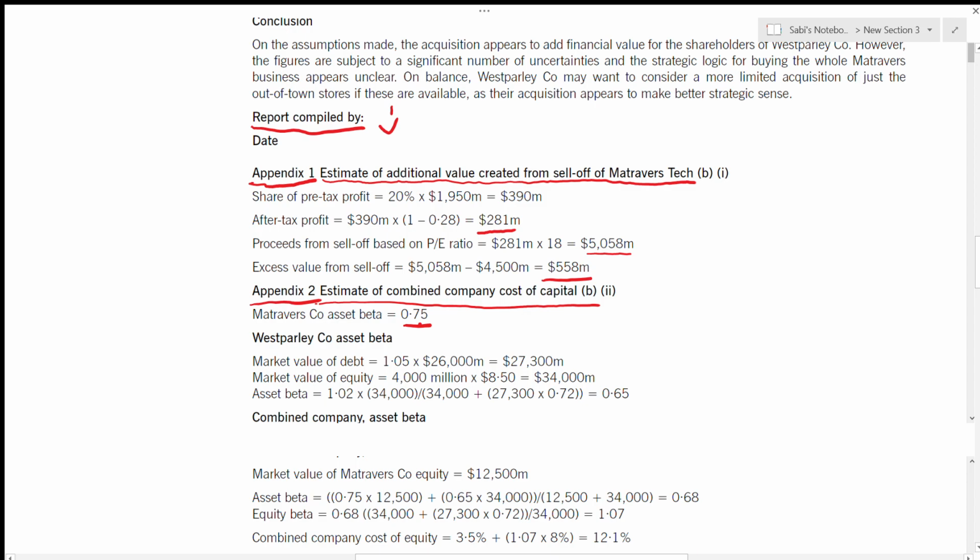The next step is very simple. One company's asset beta is given, so obviously you have to find the other company's asset beta. It's clear you have to work on Westpale's asset beta. How will you start?